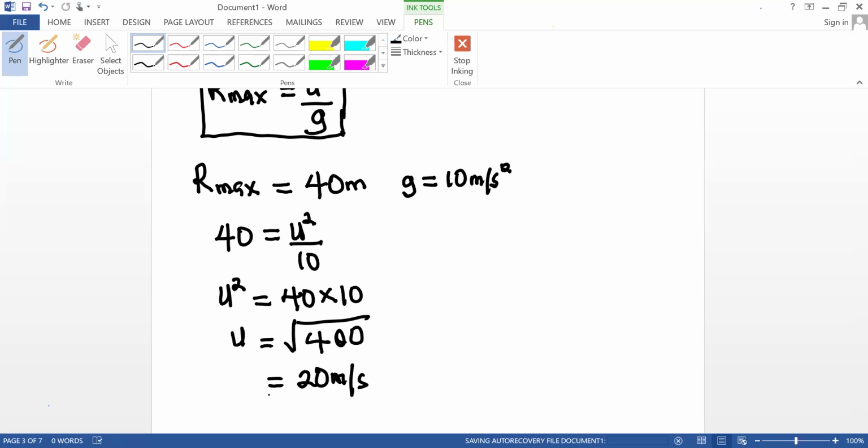So these are WASSCE questions. Please, it's all about you understanding the concept. When you understand it well, you can solve questions any day. I've sent question 2. Let's go through question 2. A bullet is fired from a gun at 30 degrees to the horizontal.